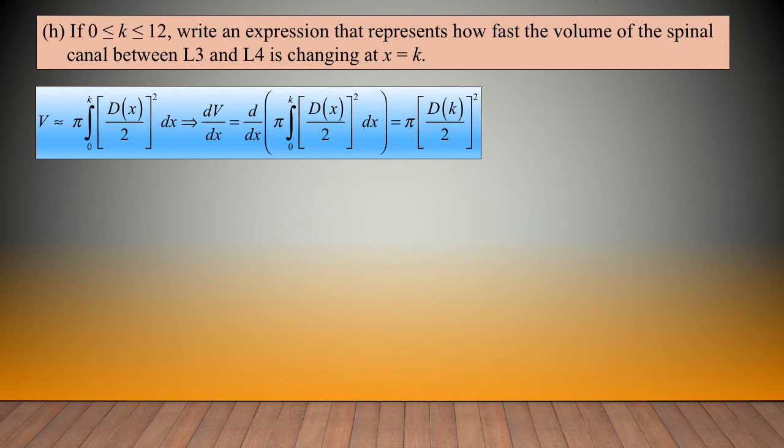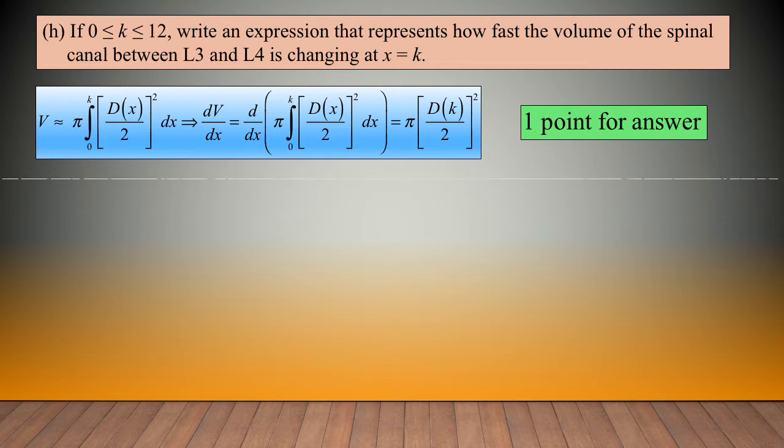And now, since we would like to find out how fast that is changing, we look at dV/dx, which is the derivative of pi times the integral from 0 to k of (d of x over 2) squared dx. And by the second fundamental theorem of calculus, we get pi times (d of k over 2) squared. Just 1 point is given, and that is getting the correct answer of this problem.